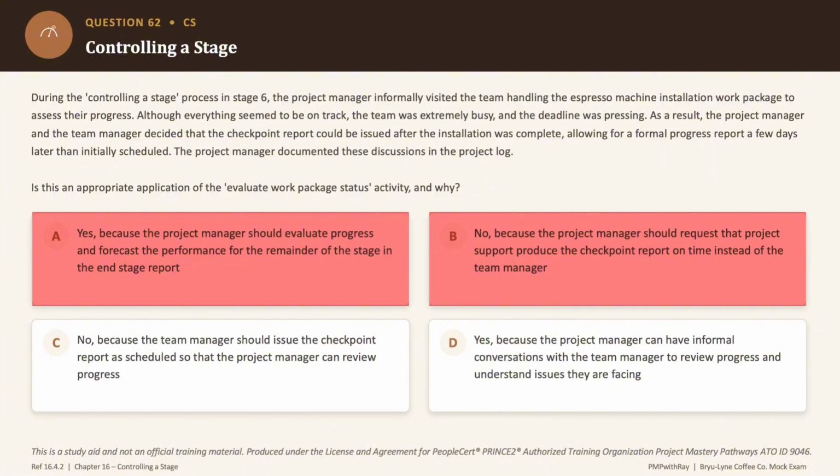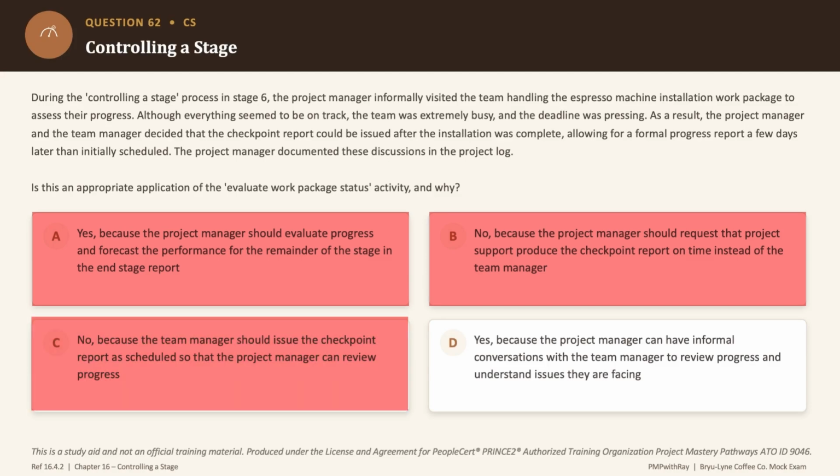Option C insists the checkpoint report must be on schedule. Now, that is quite rigid and it ignores the relationship side of this. So options A, B, and C are incorrect, because you need to understand that the checkpoint report is an agreement between the project manager and the team manager. It does not go to the project board directly.